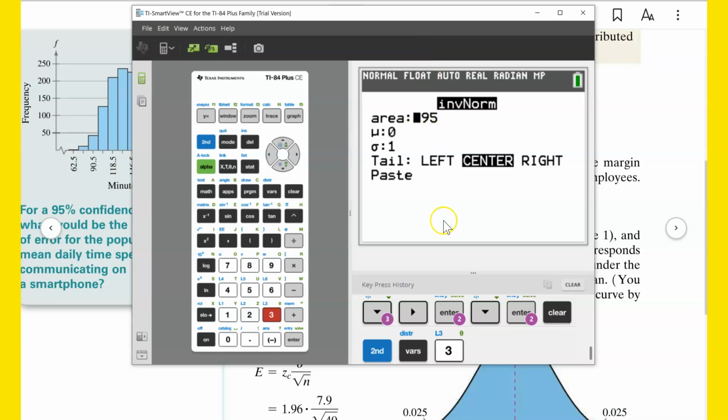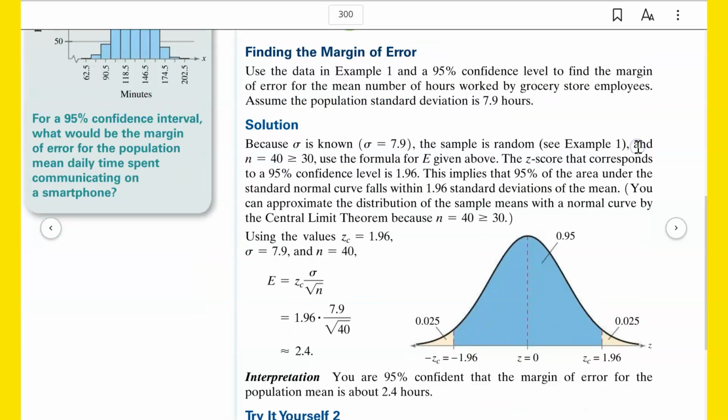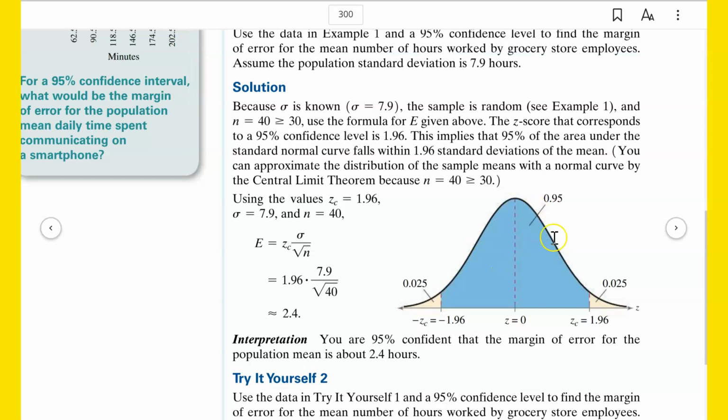If we want a 95% confidence interval, we want 95% here in the middle, around this mean. We want to find the values that will give me a 95% confidence interval, so that 95% of the area is between those two values. We're trying to find these values on the standard normal distribution that will accomplish that.